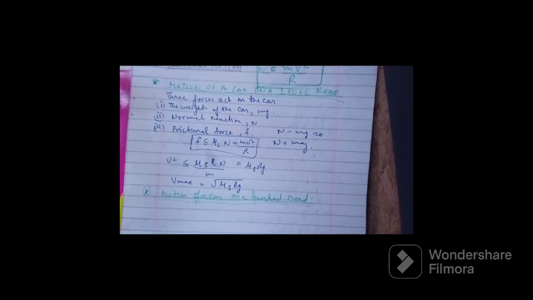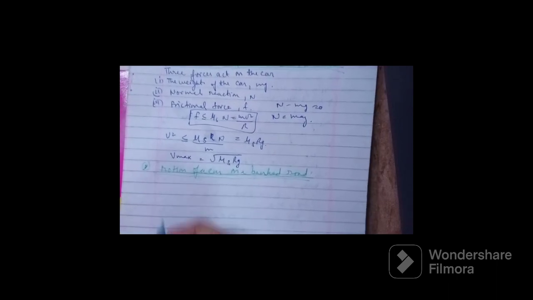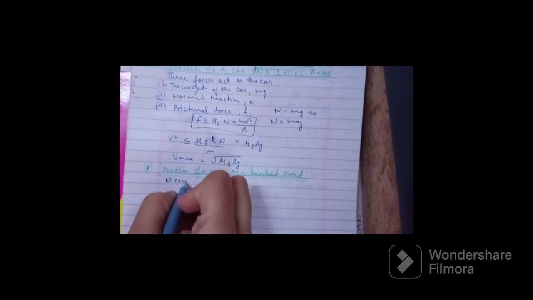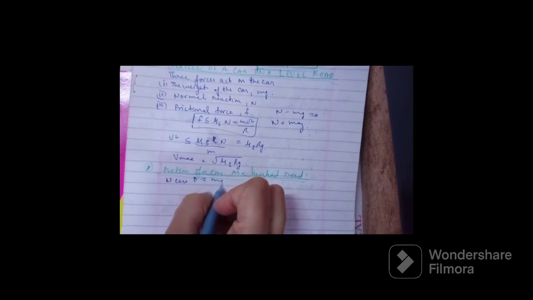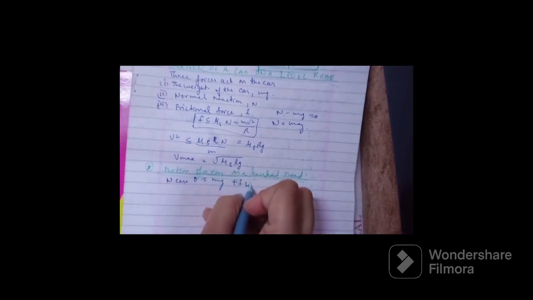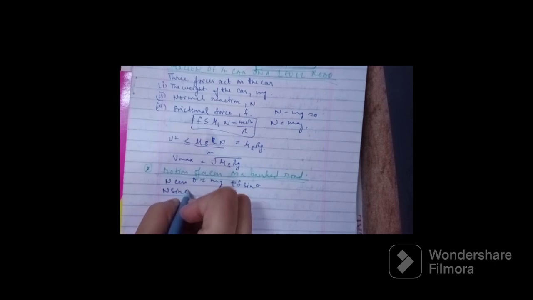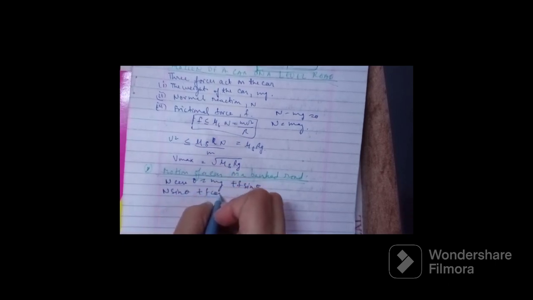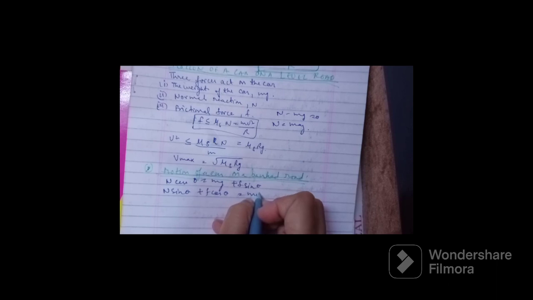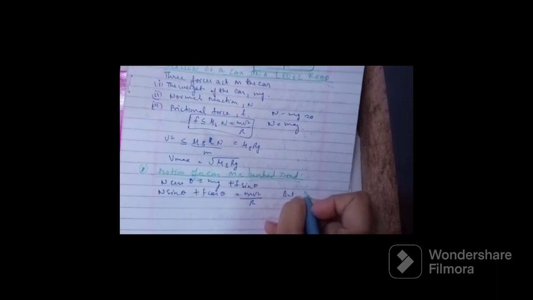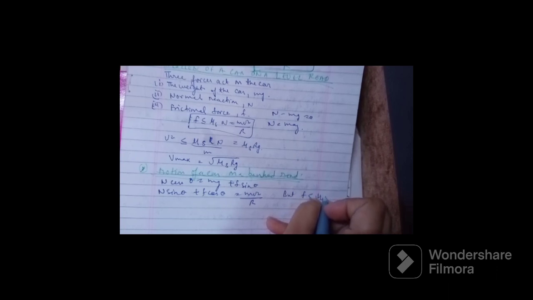Hence, N cos theta equals mg plus f sin theta, and the centripetal force is provided by the horizontal components of N and f: N sin theta plus f cos theta equals mv square by r, but f is less than or equal to mu s N.